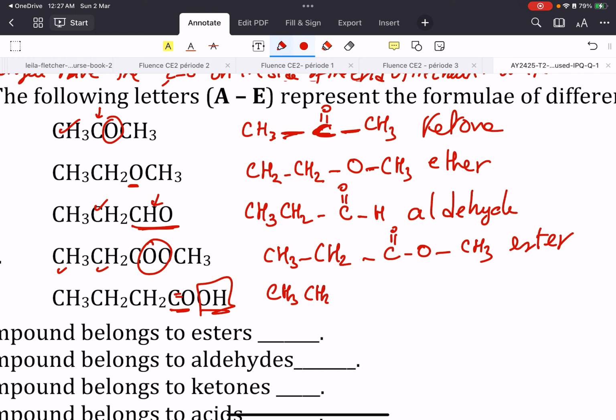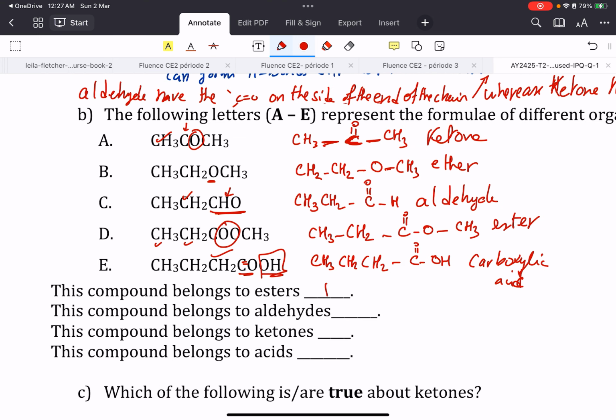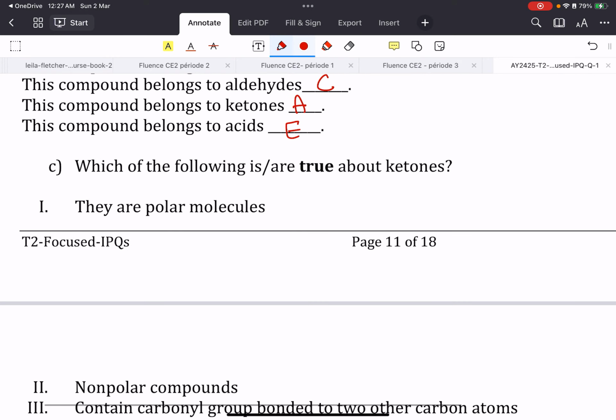So it is CH3, CH2, CH2. I wrote them. C double bond O, OH. That's a carboxylic acid. So ester, D, aldehyde, C, ketone, A, acids is the carboxylic acid.